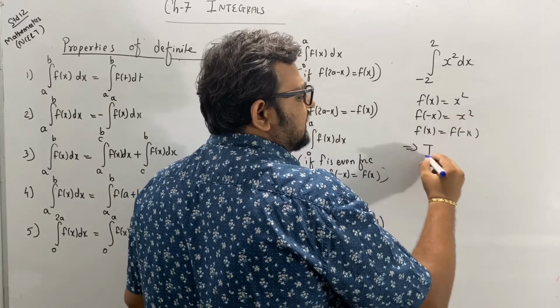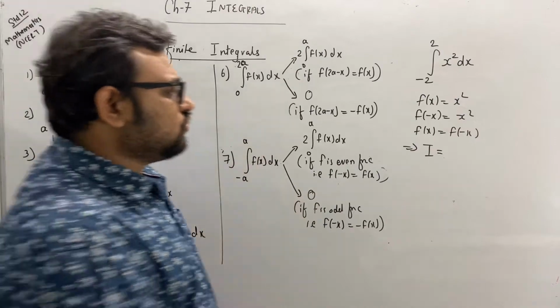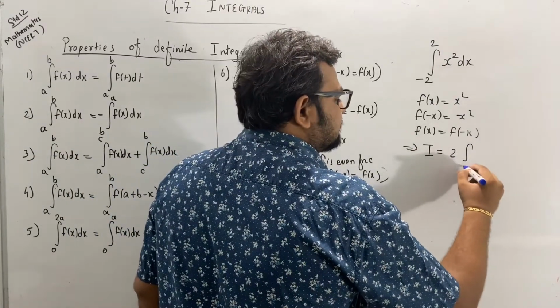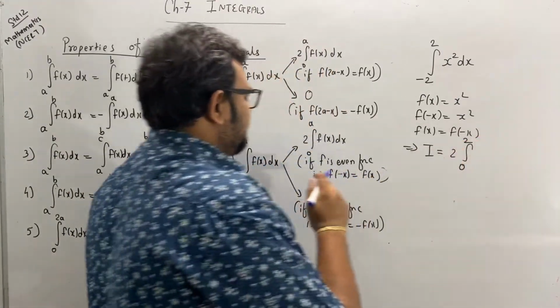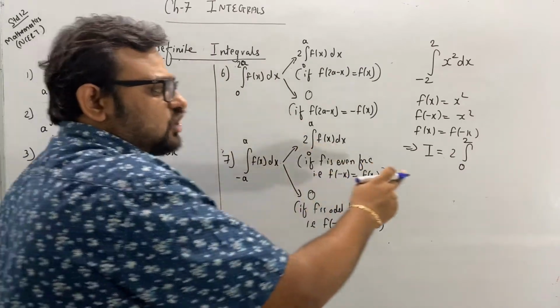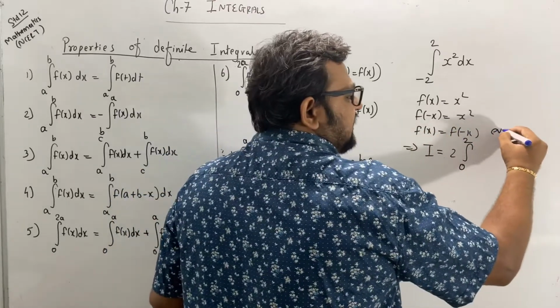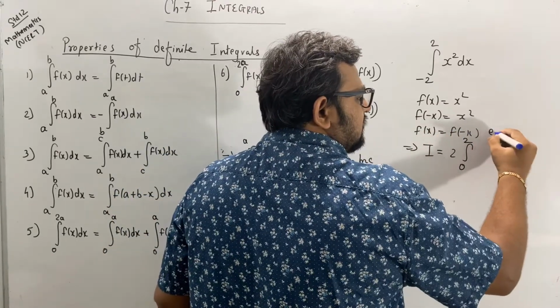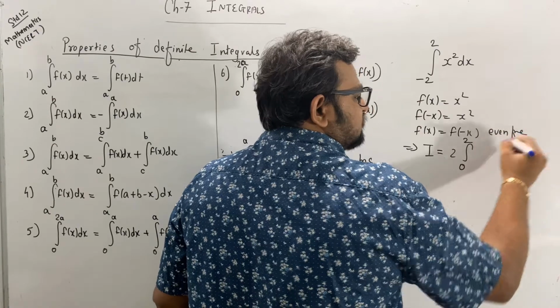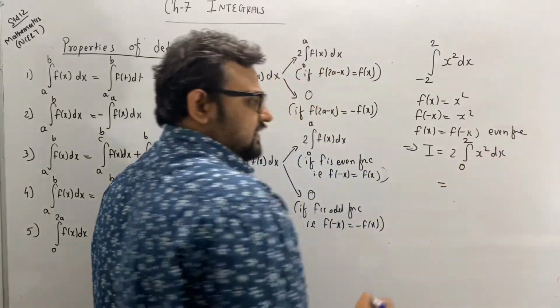That implies I will be equal to 2 times the integral from 0 to 2. It's minus a to a, so it becomes 0 to a. So it will be 2 times the integral from 0 to 2 of x square dx, because it is an even function.